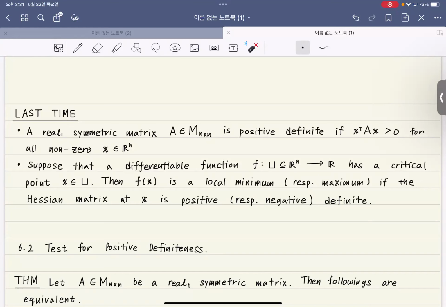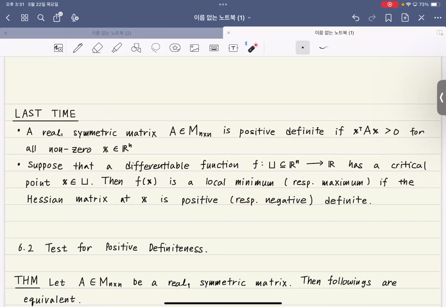On top of that, if the point is a critical point, then it is a local minimum if and only if the Hessian matrix is positive definite, and a local maximum if and only if the Hessian matrix is negative definite.